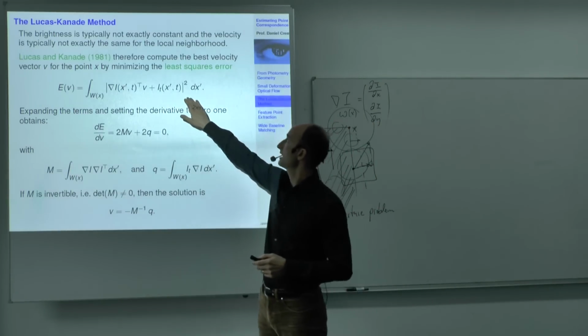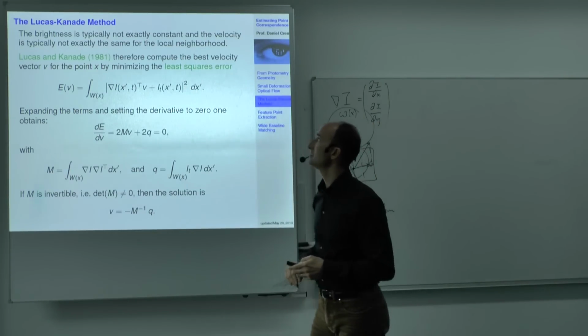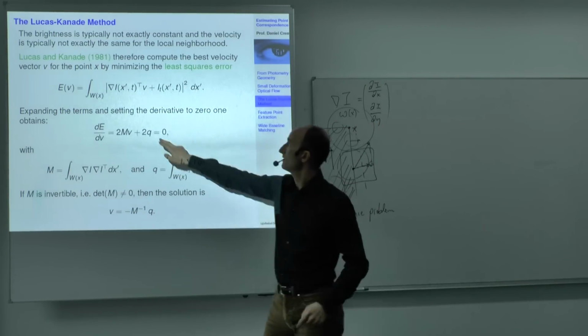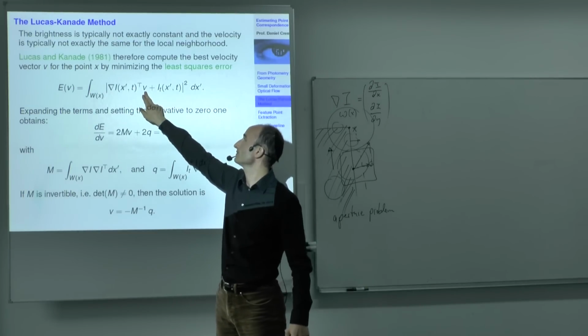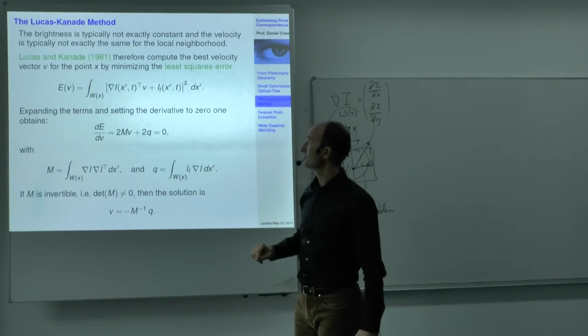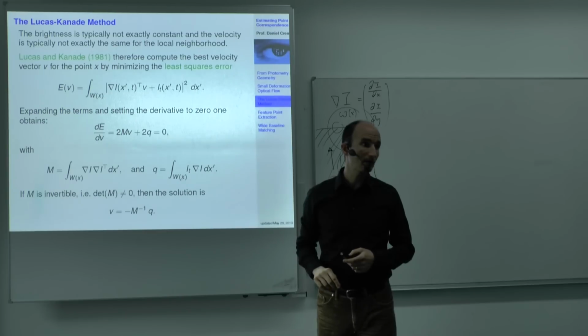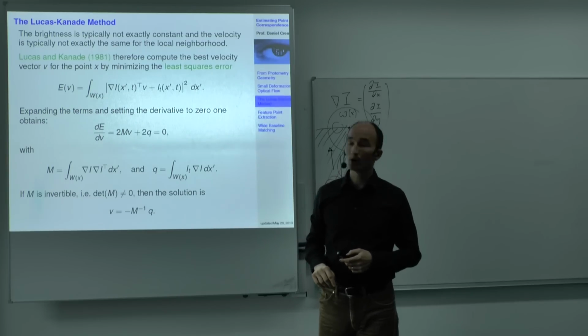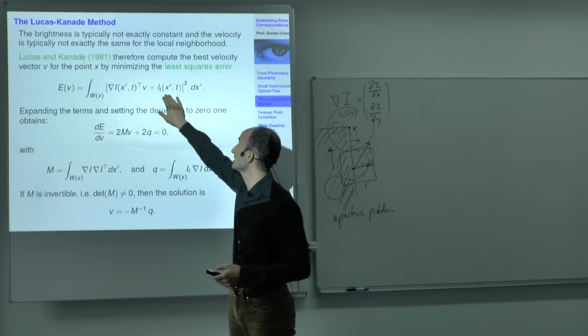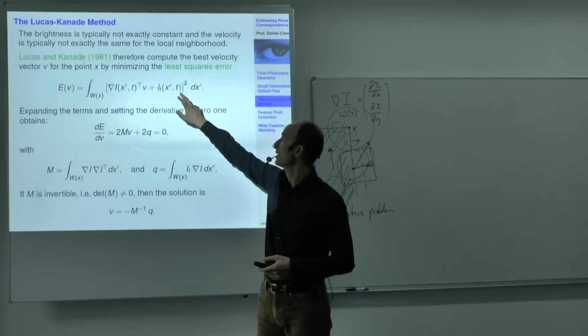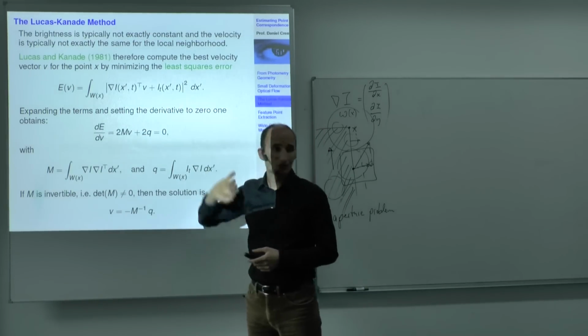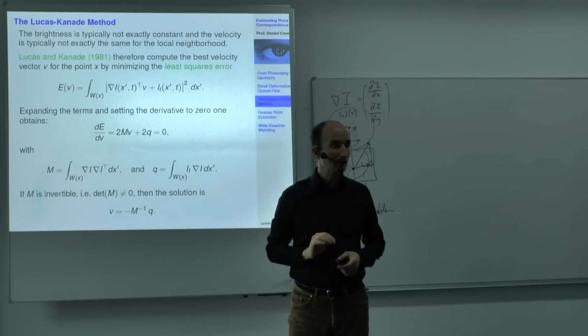What Lucas and Kanade did is they minimized the least squares sum. What we have here is nabla I transpose velocity plus the time derivative, and that is supposed to be zero according to the flow constraint. And what we do now is we take this expression, we take the norm squared and say that should be small. Ideally it should be zero.